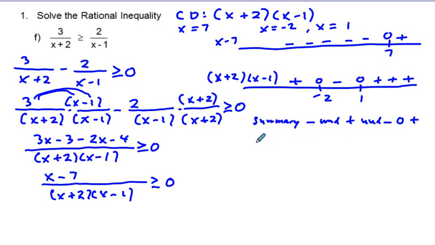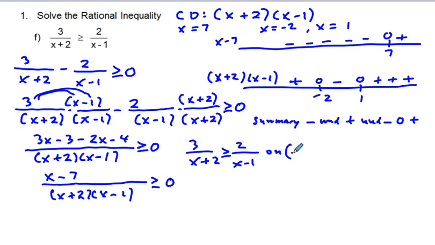So now we can make our summary statement, which is, in this case, 3 over x plus 2 is greater than or equal to 2 over x minus 1 on the interval of, we're looking for greater than, so we're looking for plus, greater than or equal to. So it looks like at negative 2 is where we start seeing that plus in our summary statement.